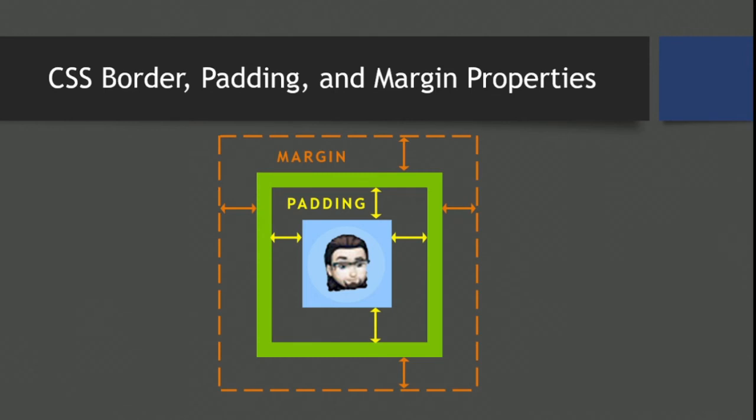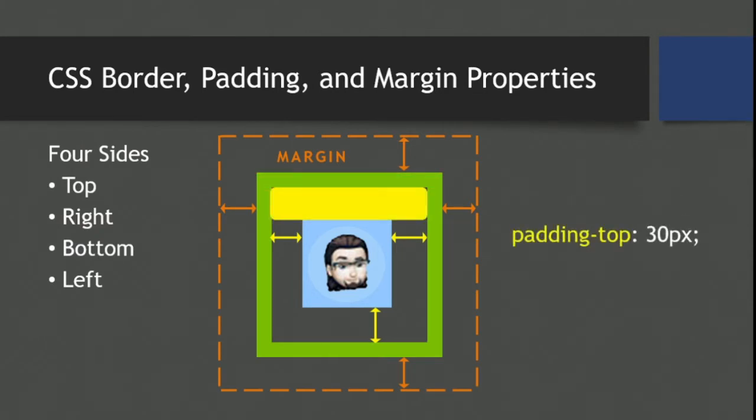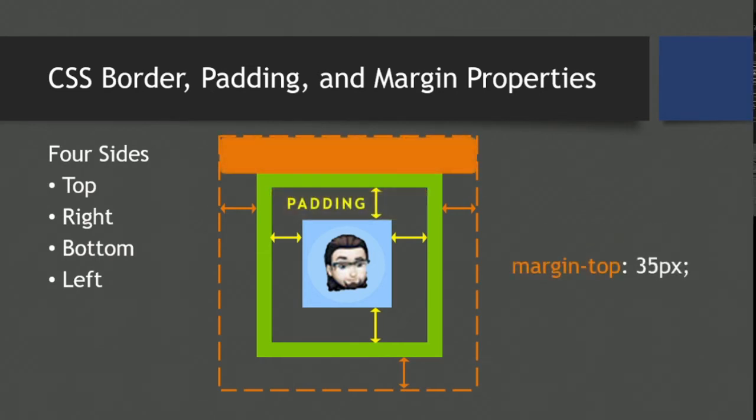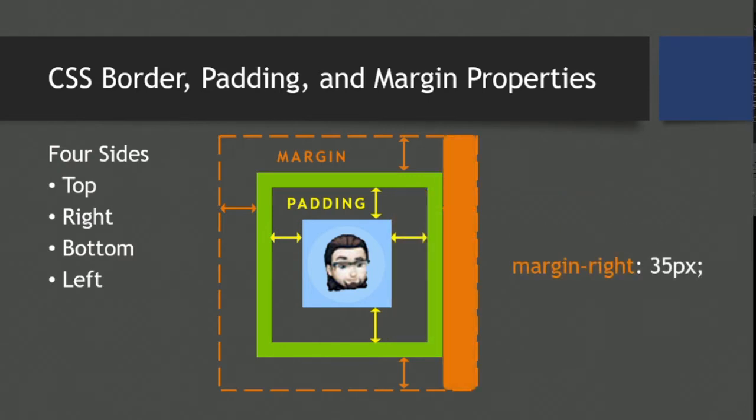The four sides of the CSS border, padding, and margin can be set individually by adding a suffix of either top, right, bottom, or left. So here in our example, it would be as simple as border-top, padding-top, margin-top, then border-right, padding-right, and margin-right.